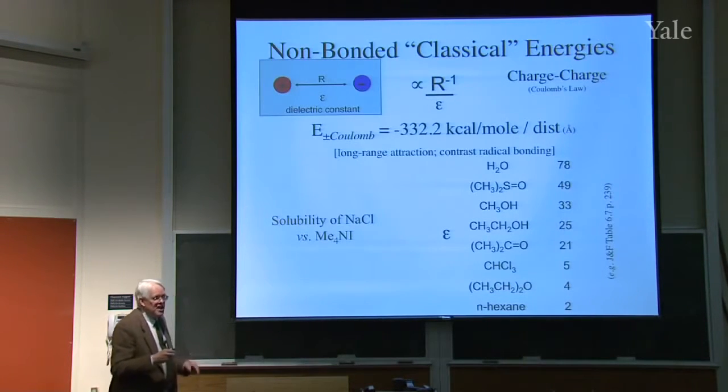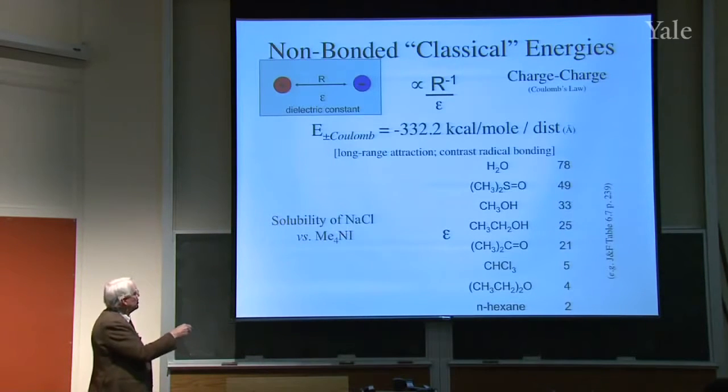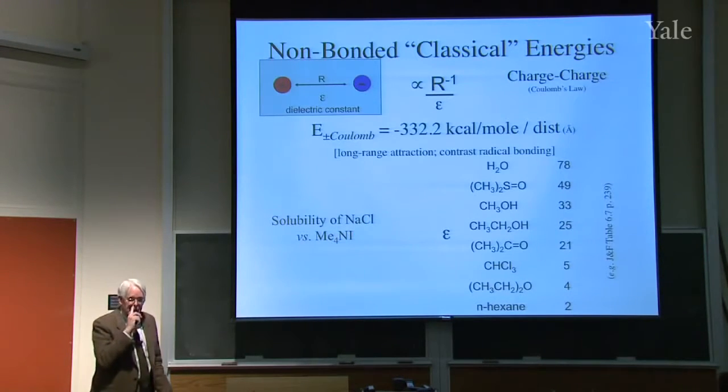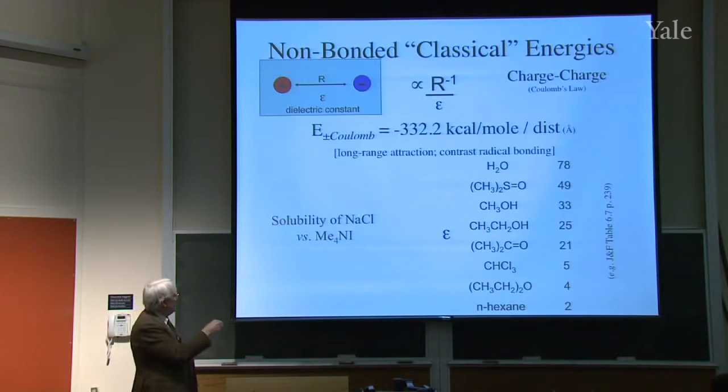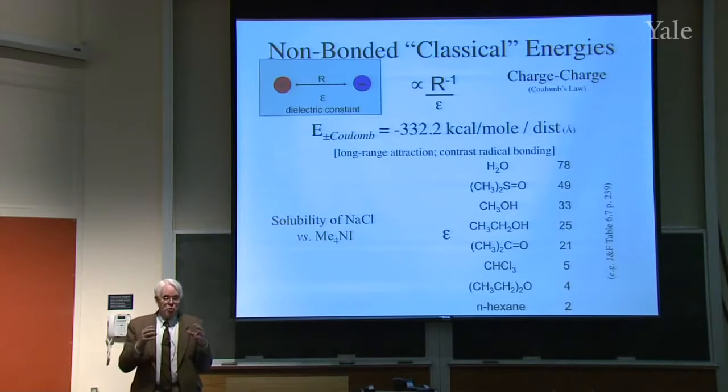Now, this has to do with things like the solubility or the melting point of salts like sodium chloride or tetramethyl ammonium iodide. Because notice that these ions are rather small, so the charges are close together. But these ions are big, so they're substantially further apart. And that's going to make an enormous difference when you're starting to pull them apart, right?